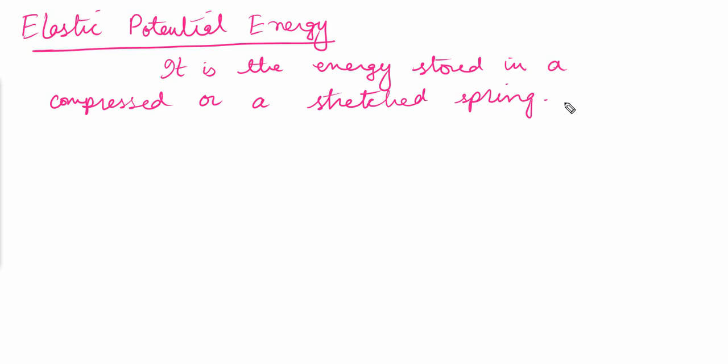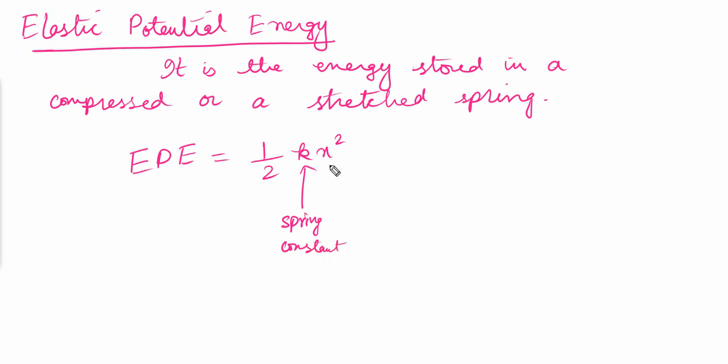So the energy stored in a compressed or a stretched spring is called the elastic potential energy, and we represent the elastic potential energy as equal to half kx squared, where k will be considered as the spring constant and x will be considered as the extension of the spring.